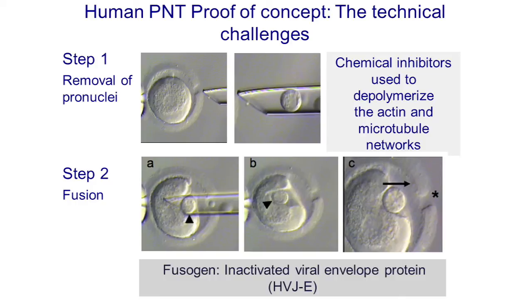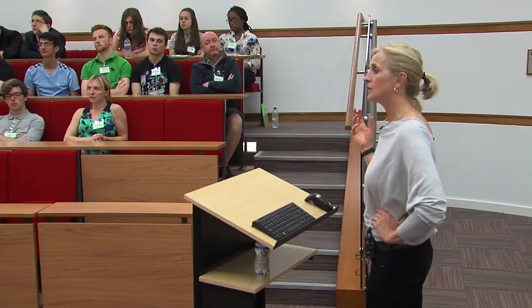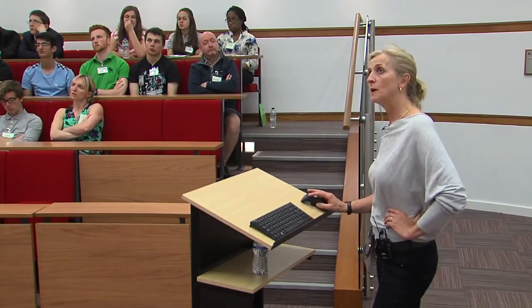Fusion of these was a big struggle for us, because the convention at that time was to use an electrical chamber, but human oocytes didn't tolerate that well. So we went back to a yet older way of doing it, which uses a technology from the virus. An inactivated virus still has its viral envelope protein, which allows it to fuse with cells.